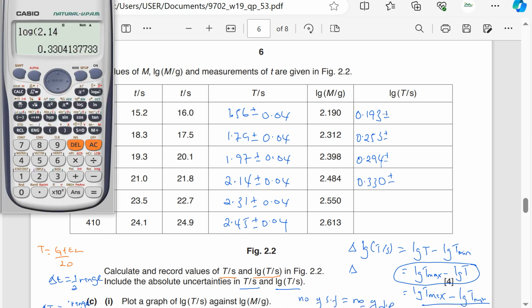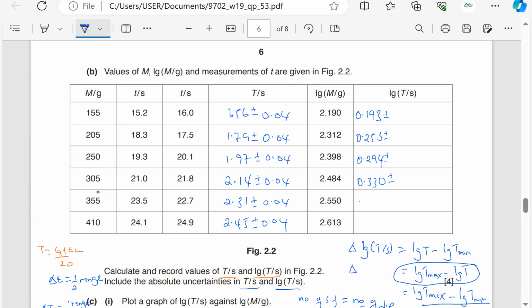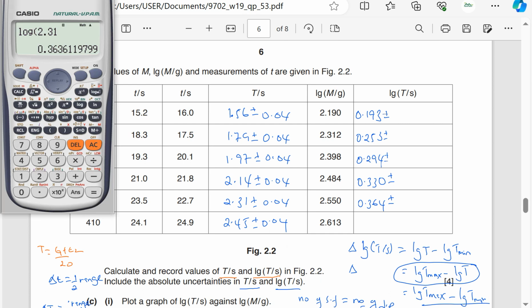Then log of 2.31, that is 0.364, round off correctly. Then log of 2.45, that is 0.389 plus or minus.